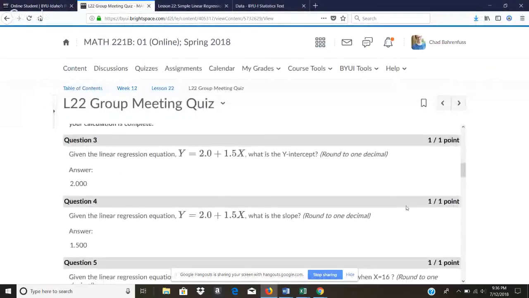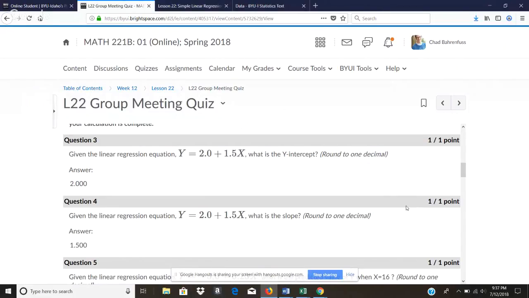So anyways, this is kind of what I came up with. These ones are really easier, because you just have to know what the y-intercept and the slope are. Of course, 2.0 is the y-intercept and 1.5 is the slope in the simple linear regression equation.